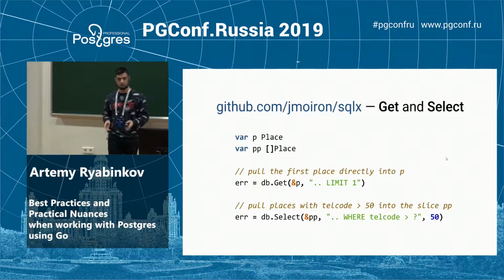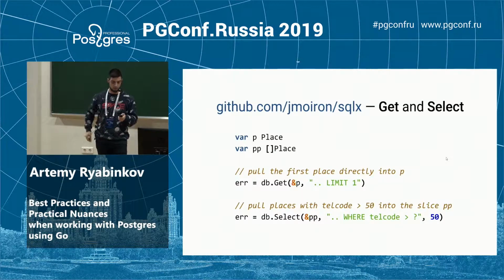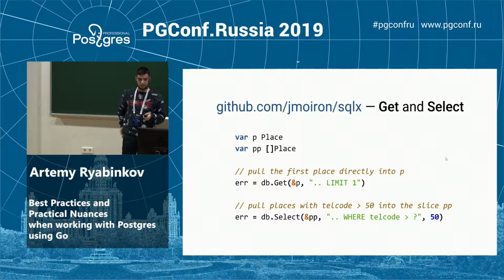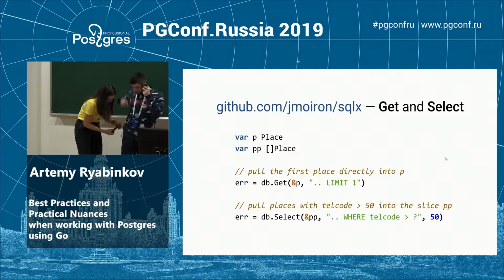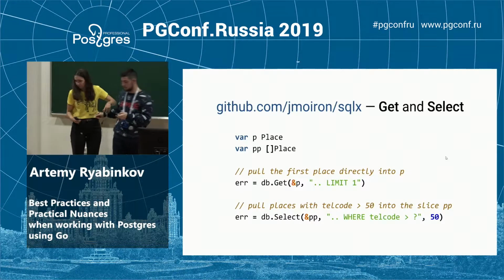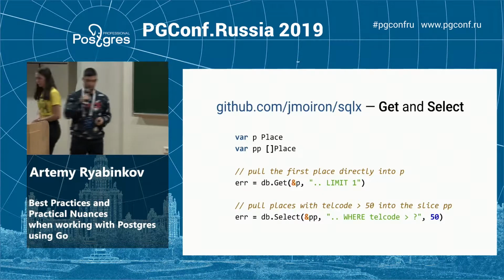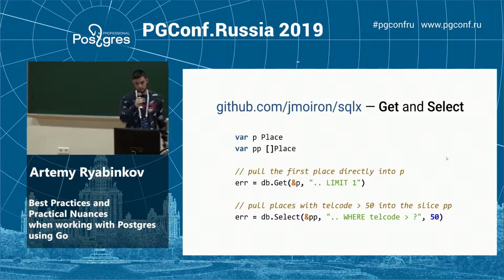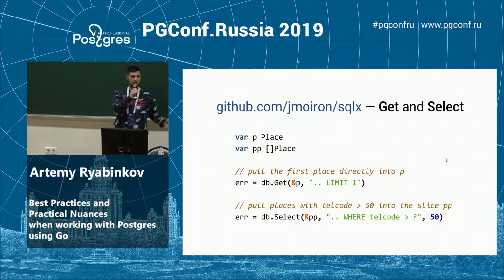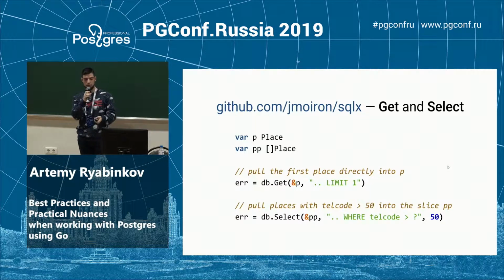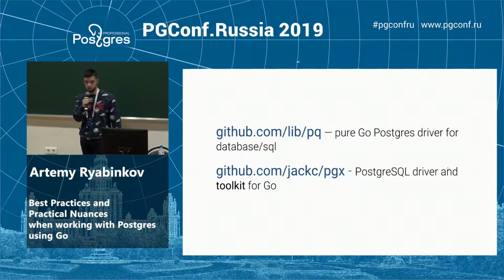Get and Select are the methods that will allow you to simplify your work when getting a lot of information from database. These are two methods that allow you not to write too much code. You need to use them if you want to simplify your code.